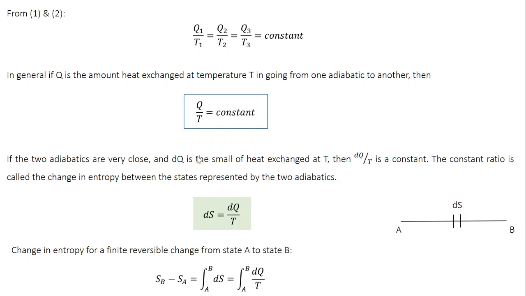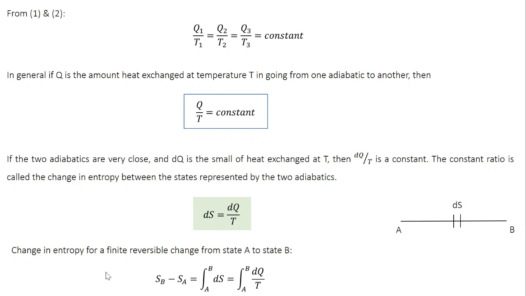You call that small amount of heat dq, and the heat exchange happens at a temperature T. Then from our analysis, we know that the ratio dq/T is going to be a constant. This constant ratio is called the change in entropy between the states represented by the two adiabatics. Putting this result into mathematical terms, you get change in entropy dS equal to dq divided by T.